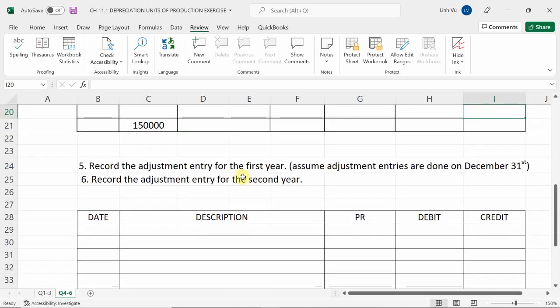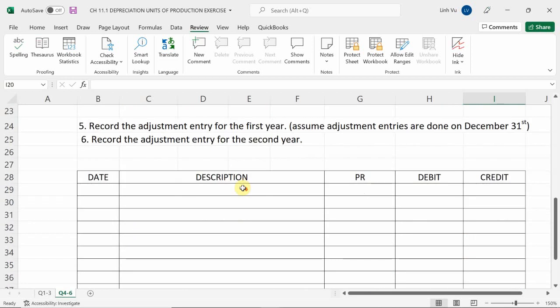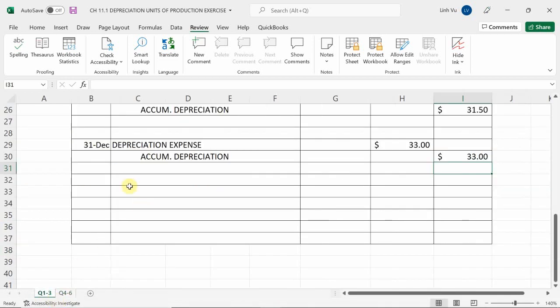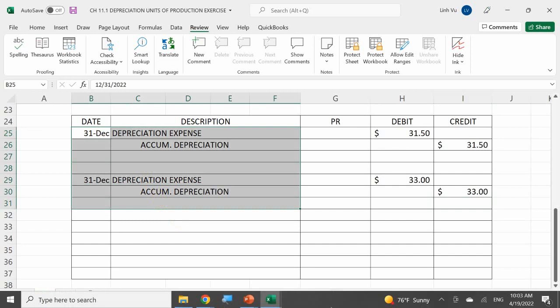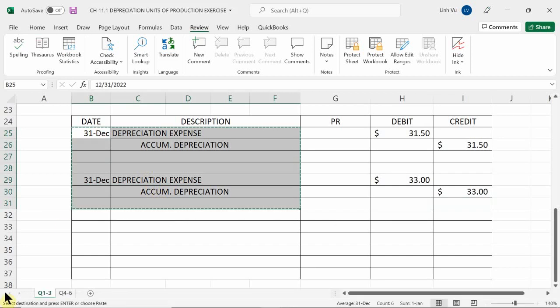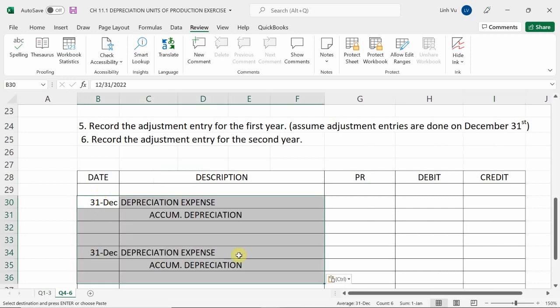So next part says right here, you're going to enter in the adjustment entry for the first year and the second year. So how do you journalize this transaction? Depreciation expense and accumulated depreciation. Good. All right.